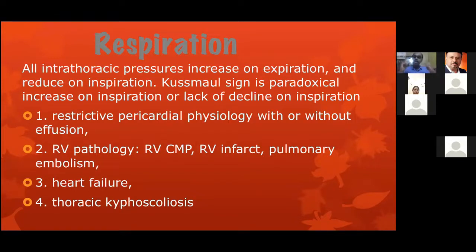The actual pressure between the right atrial A wave and the left atrial A wave will be decided by the hemodynamics of that particular patient. So even in a completely normal patient with normal hemodynamics, sometimes the right atrial A wave can go higher than the left atrial A wave. So if there is something like a tiny PFO, there can be a flow from the right atrium to the left atrium also.